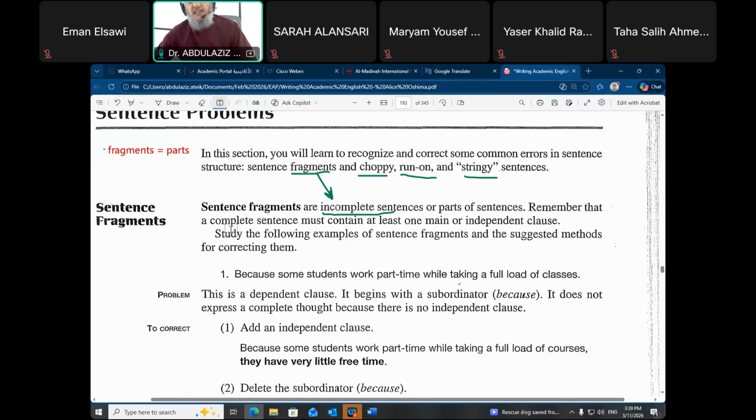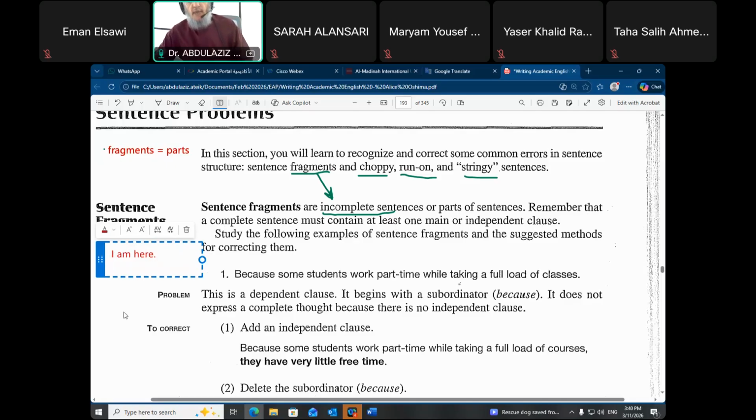Remember that a complete sentence must contain at least one main or independent clause. This is a complete sentence. When we say main, like this, I am here. This is a main sentence, and also independent. What do we mean by independent clause? If it is part of another sentence.